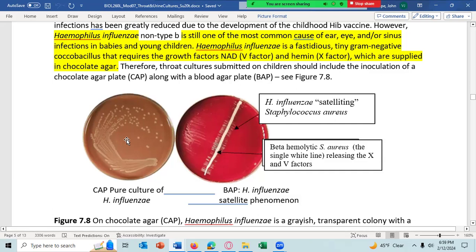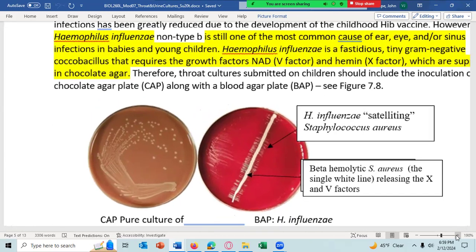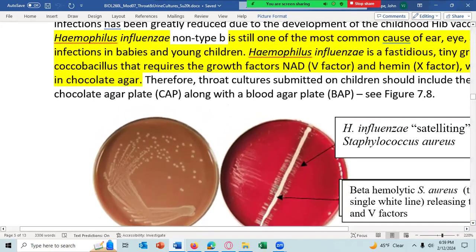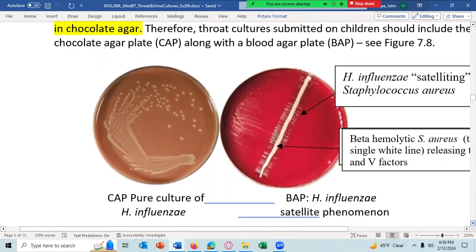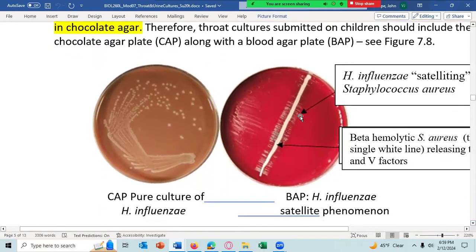You can get Haemophilus influenzae to grow on blood agar if you grow Staphylococcus aureus on the blood agar and then streak the Haemophilus influenzae through the Staphylococcus aureus. So what you do is you have blood agar, and then you put a single streak of Staphylococcus aureus down the blood agar right here.